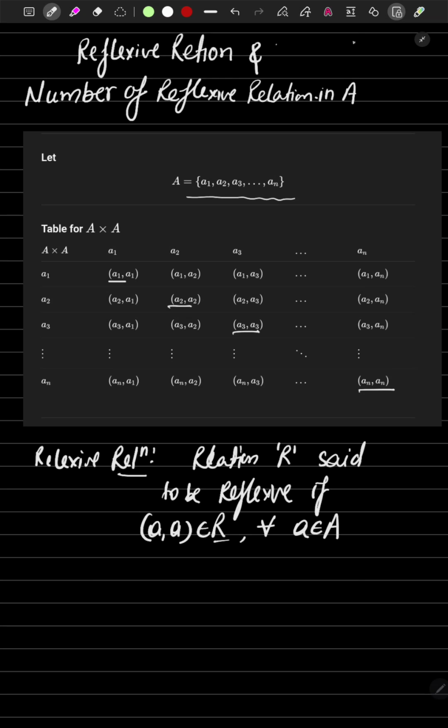If we write the Cartesian product, it is nothing but a matrix format, so all the diagonal elements are the minimum elements required in the relation R. Then R is said to be a reflexive relation.